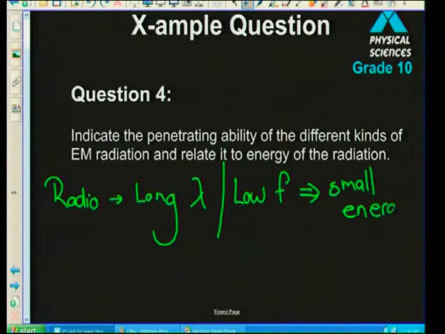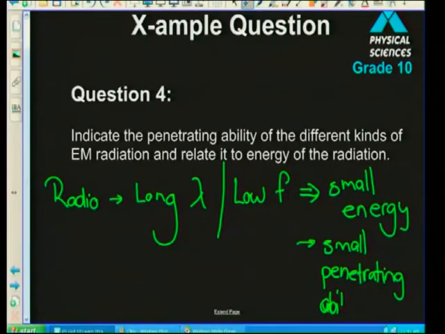We're going to talk about where we calculate the energy in the next session, after we've taken a small break, okay? That means small penetrating ability. Radio waves get absorbed quite easily by mountains and all sorts of things. It's also why you sometimes struggle to find cell phone reception.